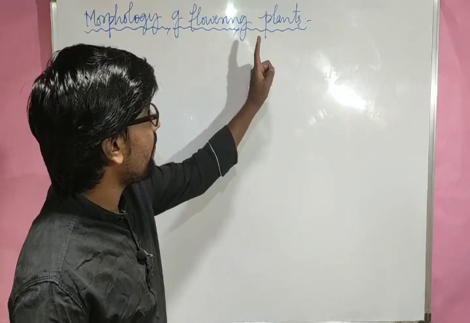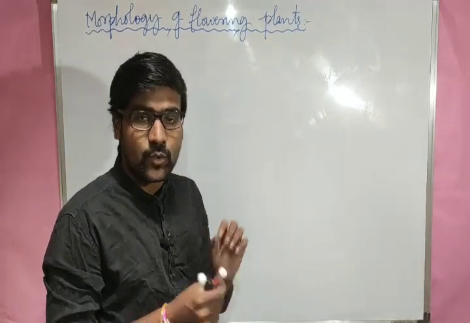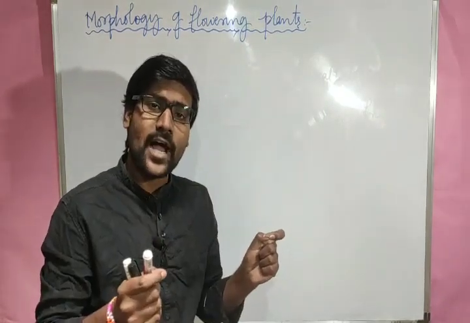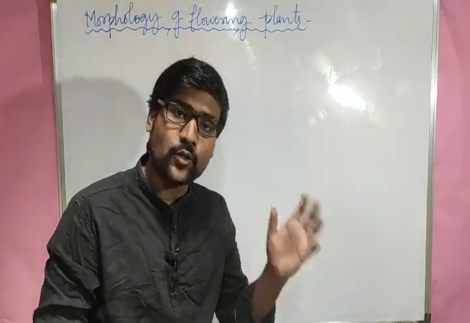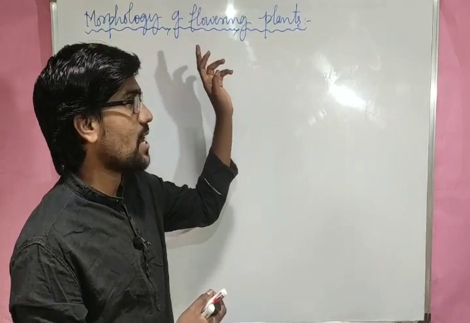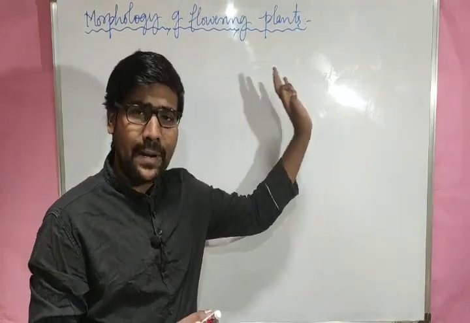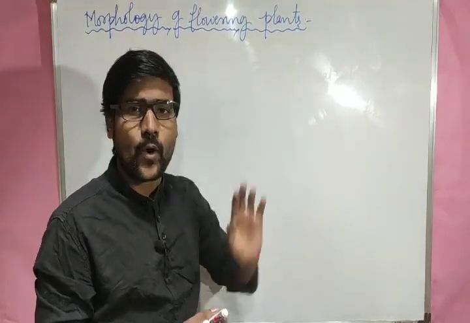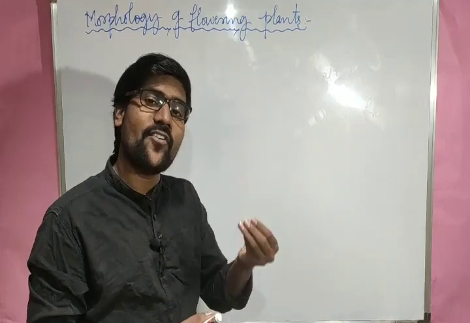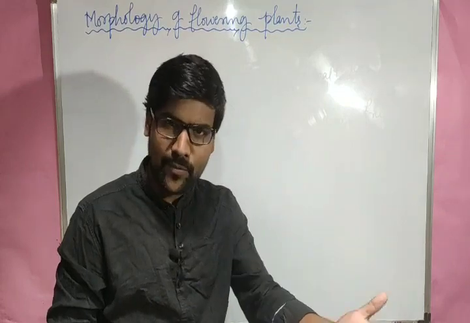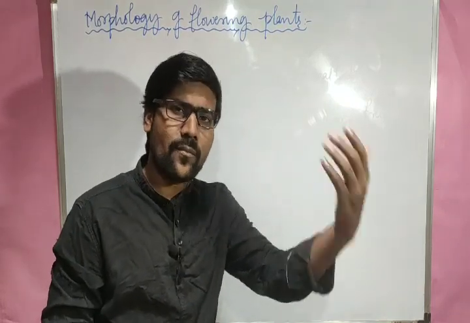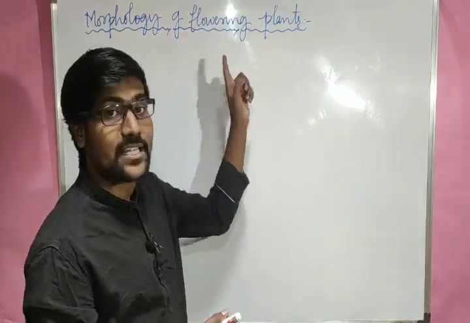Such flowering plants are the major plants available surrounding us, and they are commercially and medicinally most important. Not only that, in the form of food, what we majorly cultivate in our land, ಹೊಲದಲ್ಲಿ ಏನು ಬೆಳಿತೇವೋ, a majority of such plants are flowering plants, angiosperms.